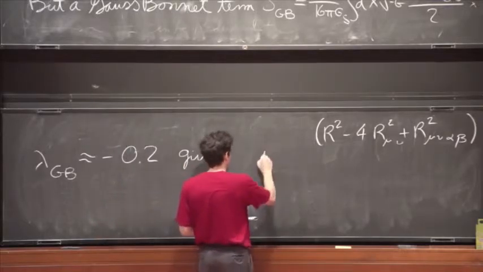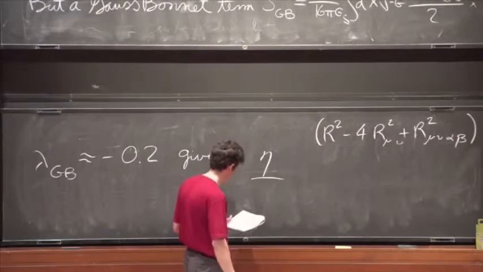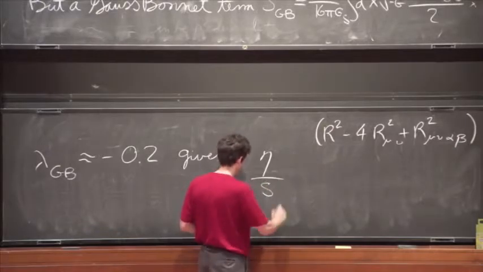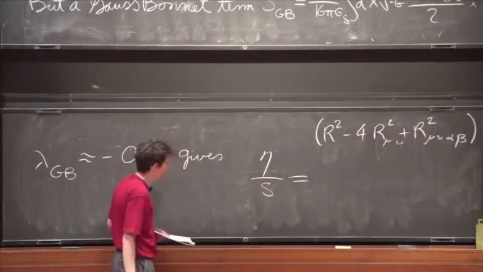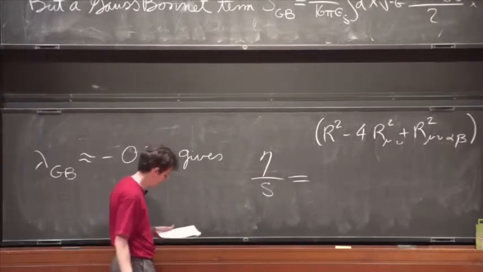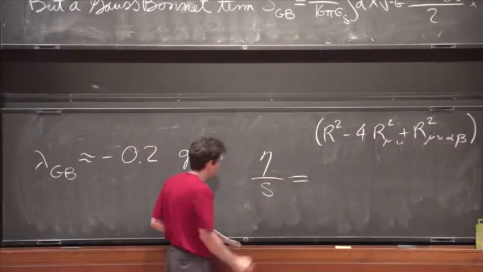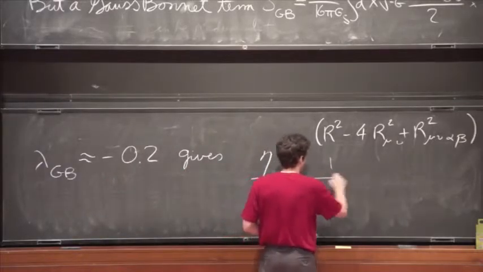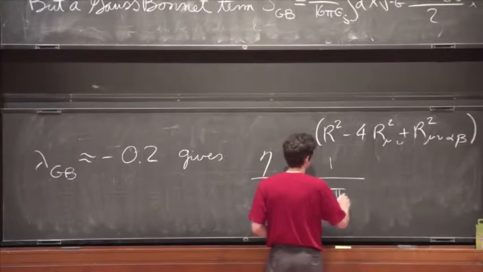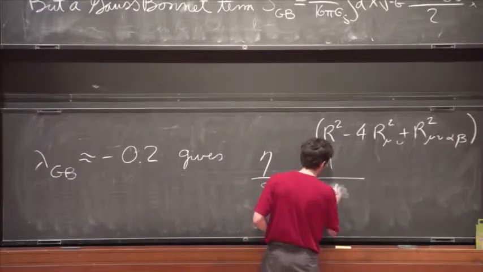As was studied maybe 4 years ago, lambda Gauss-Bonnet has the interesting feature of modifying the shear viscosity divided by the entropy density, which famously is 1 divided by 4 pi, a very small value.